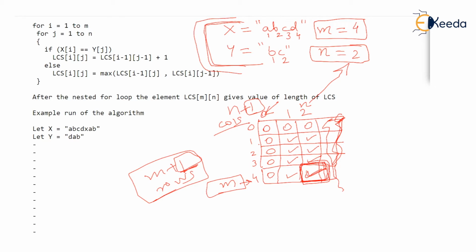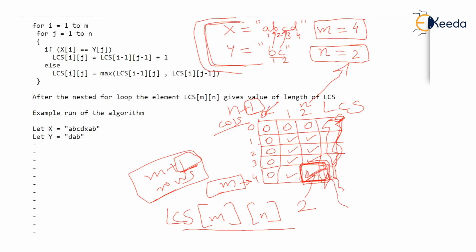B and C match. So the length stored over here will be 2 at the end. So the cornermost entry, that is, if the name of the matrix is LCS, then LCS[M][N] is going to give us the answer when the algorithm ends. Check that this is the Mth row and Nth column. The Mth row and Nth column is going to give us the answer.